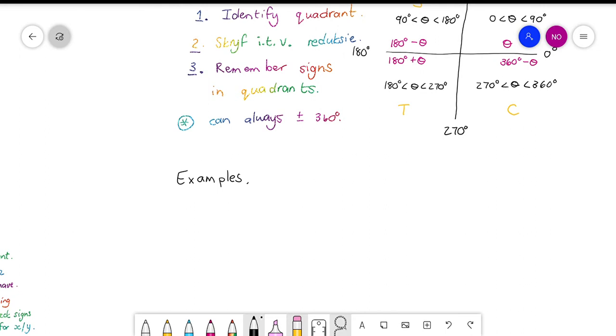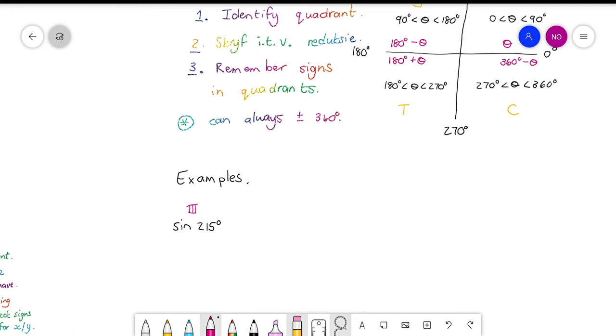So, let's say I want you to simplify the sine of 210 degrees. Okay, first step, identify in which quadrant we will find the angle 210. Third, because it's between 180 and 270. Okay.